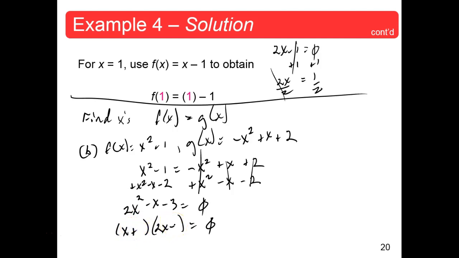Now, what's the only possible factorization for 3? 1 and 3. So, want to do it in that order? Okay, let's check it and see if we factored it right. No guarantee we did, but let's try. X times 2x is 2x squared. That one part's okay. The outer gives us minus 3x.